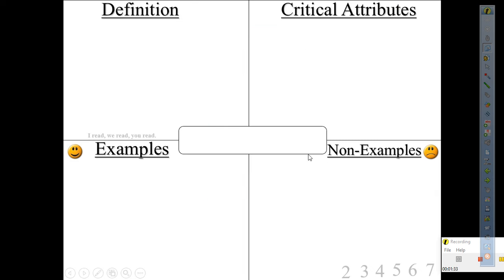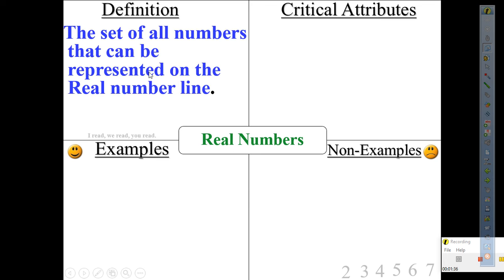So, real numbers. What are they? The set of all numbers that can be represented on the real number line.